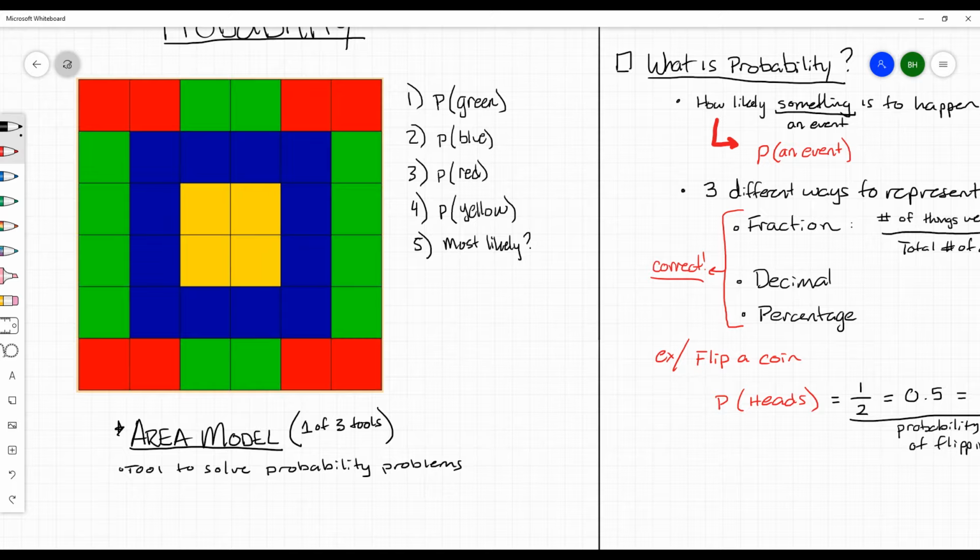So, transitioning over, if we use this area model to help us find the probability of hitting green or blue or red or yellow, the first thing you always want to do is see the total number of squares.